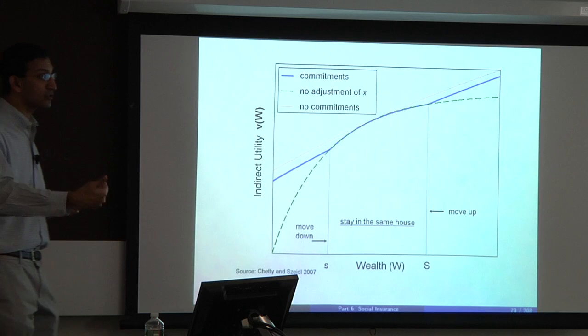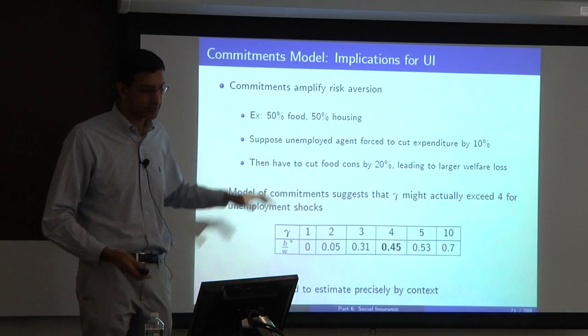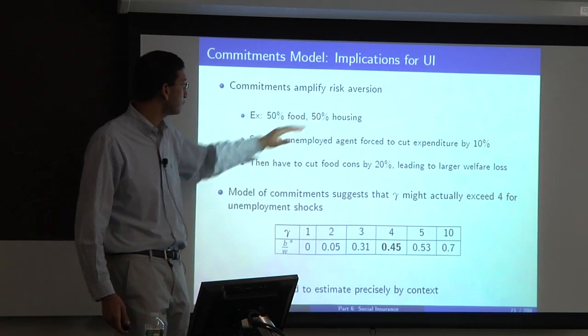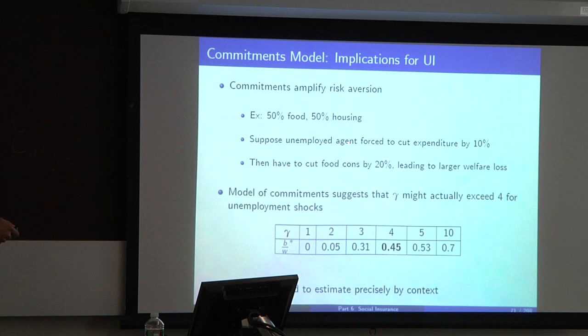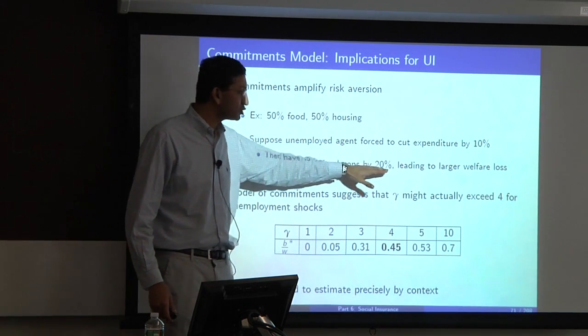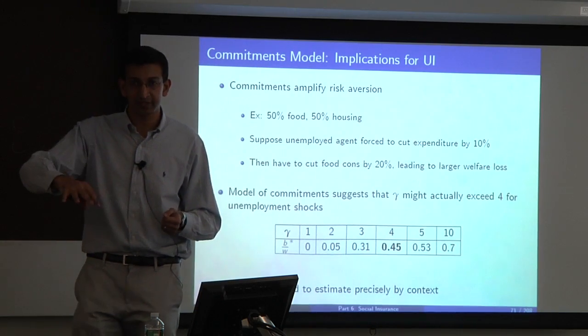Suppose I spend half my money on food and half my money on housing. And suppose when I'm unemployed, I'm forced to cut expenditure by 10%. Then I have to cut food consumption by 20% in order to balance my budget, right? Because the 50% in housing is totally stuck.